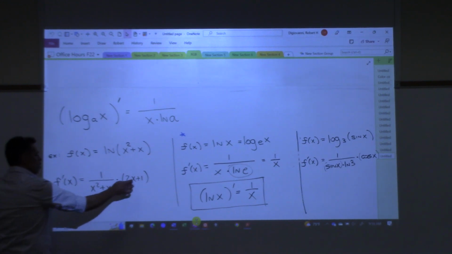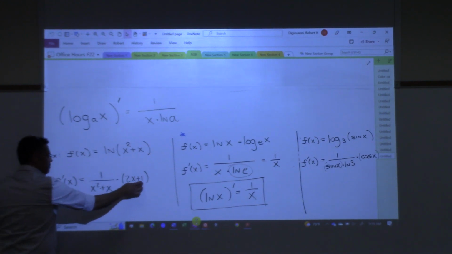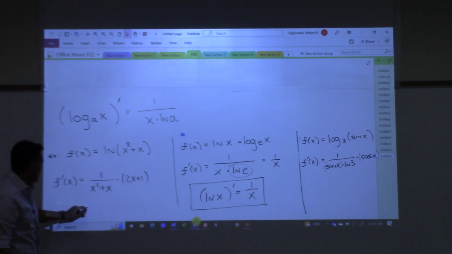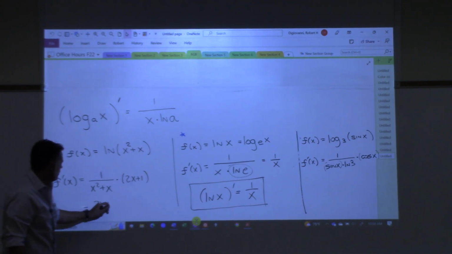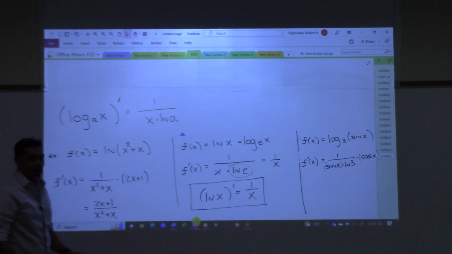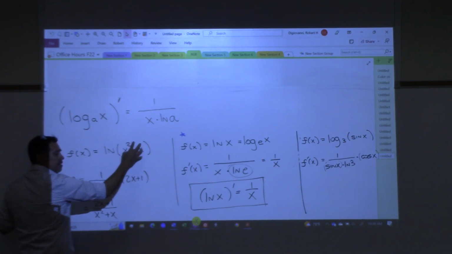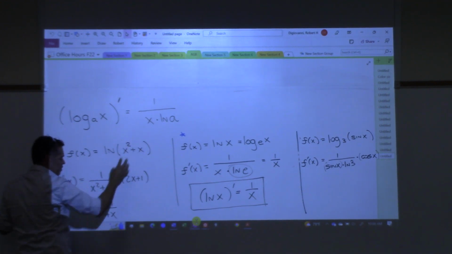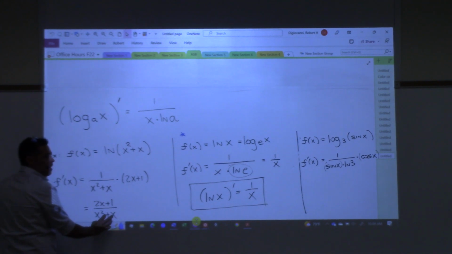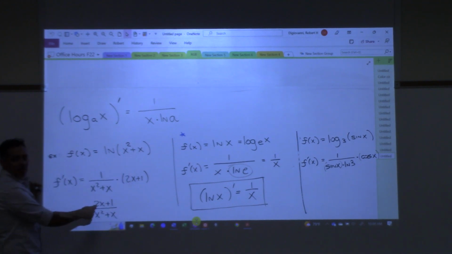And then you could take that whole thing and just slide it up top if you want. A lot of textbooks will do that. They'll just move that up there. In fact, a lot of textbooks will do this. They'll say, hey, look, if you're ever trying to take the derivative of the natural log of something, here's what you do. Whatever's there, you put it on the bottom. And then you take the derivative of it and put it on top.